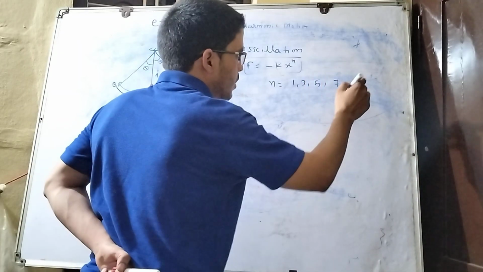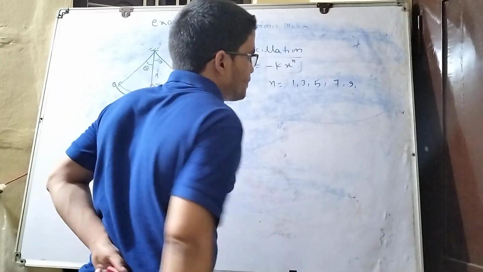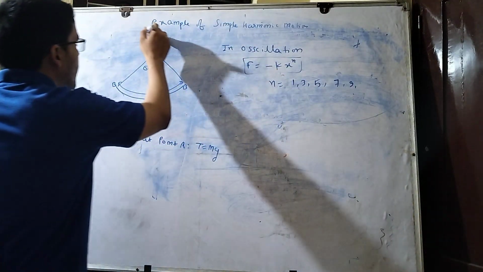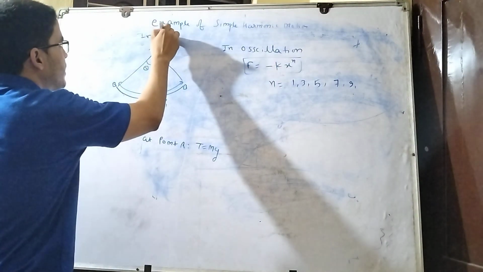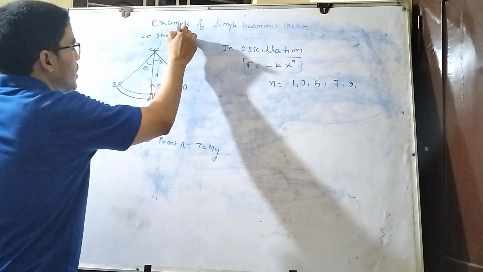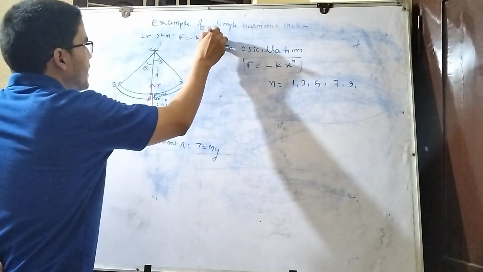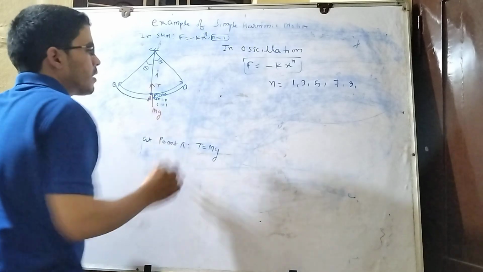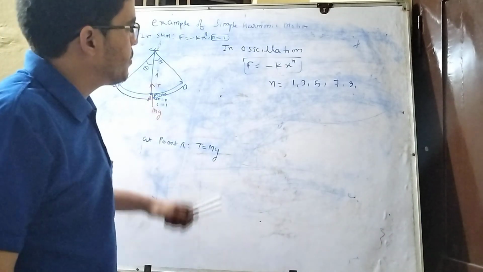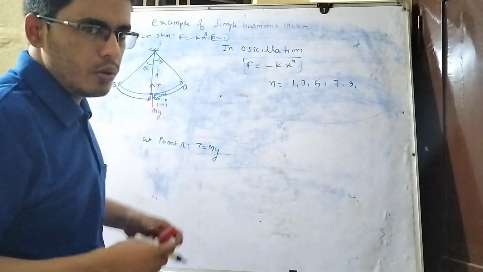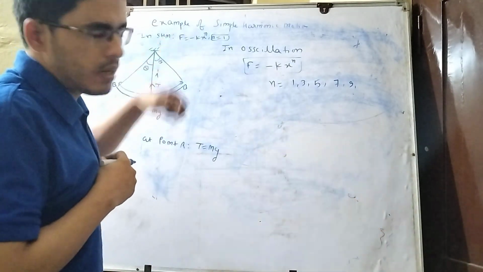In the comment box you tell me why odd only. So in case of simple harmonic motion, in SHM, F equals minus k x power n, and the value of n equals 1 here. That is the important thing for all of you. The n value will be 1 in case of simple harmonic motion.